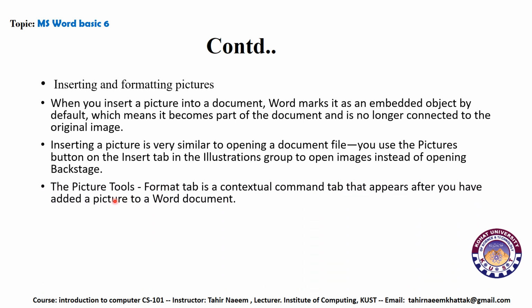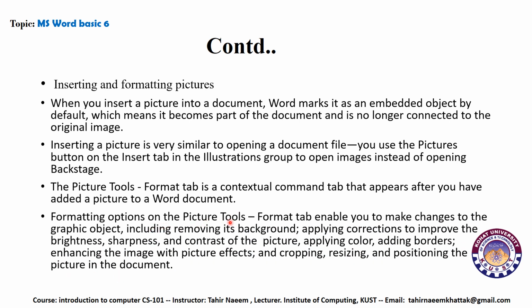The picture tools: whenever we insert the picture, another command is enabled, which is called the Format tab, and it is a contextual tab, which is enabled after adding the picture to the Word document.